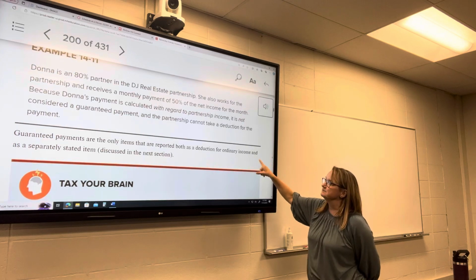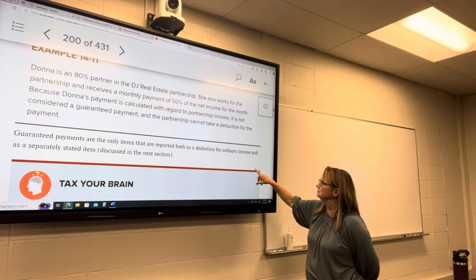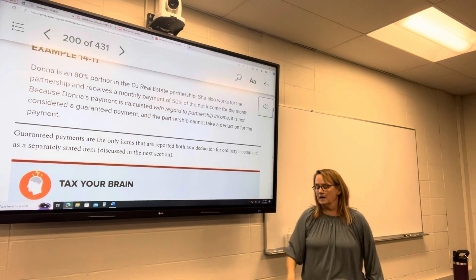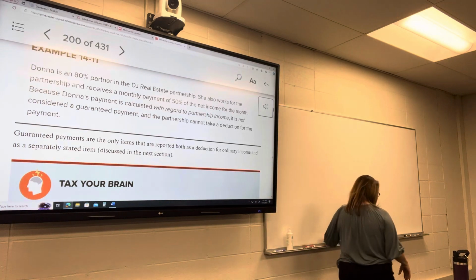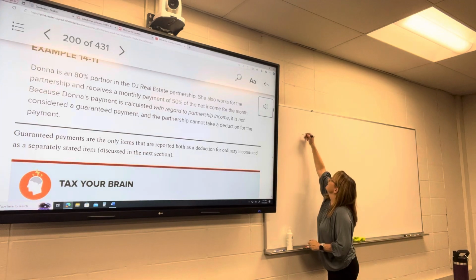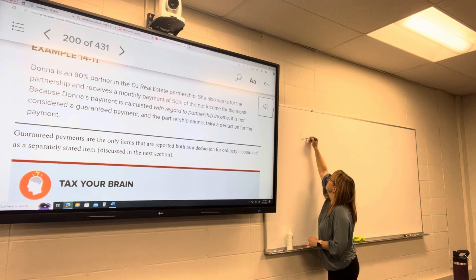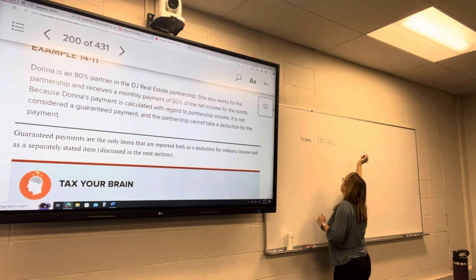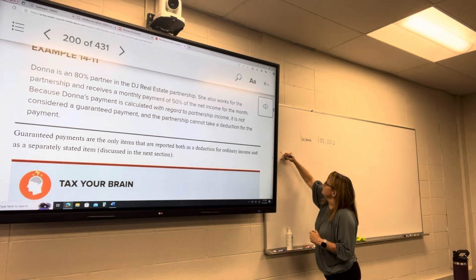These are the only items that can be reported both as a deduction for ordinary income and as a separately stated item. So how this works, let's say we've got a partnership, their income is $100,000. Let's say there's two partners.